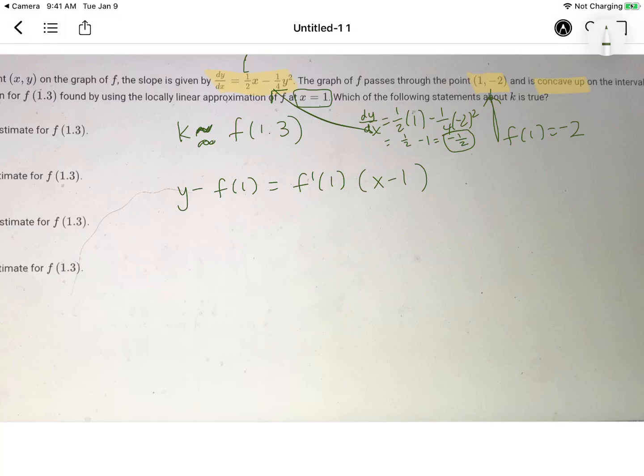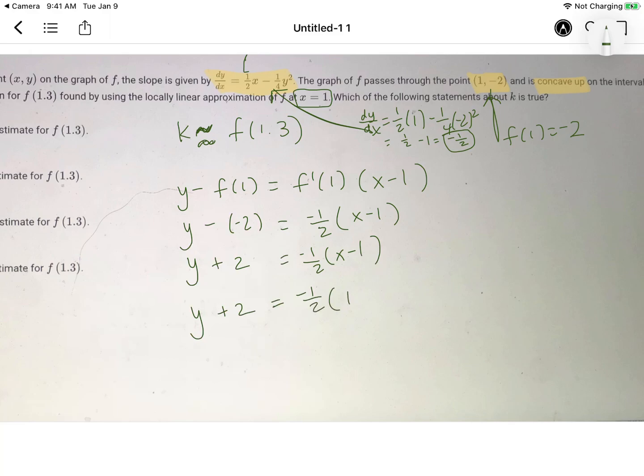And I'll plug those into my tangent line. So I have y minus -2 equals -1/2 times x minus 1. Okay. And then I'm going to use that tangent line to estimate the value of y when x equals 1.3. So I'll plug in 1.3.